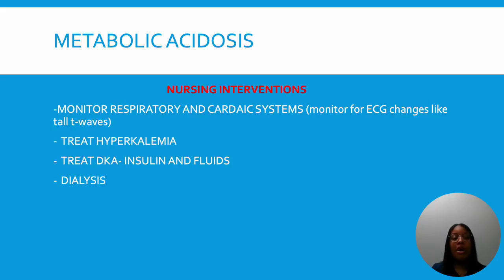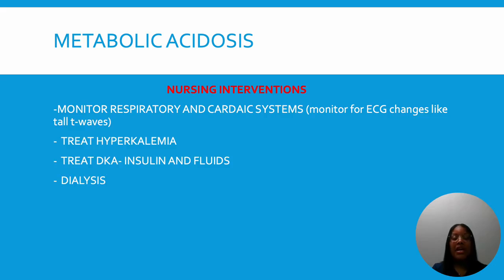We want to monitor our respiratory and our cardiac system. You will need to have this patient on a cardiac monitor, especially if they are presenting with symptoms of hyperkalemia, because you can see EKG changes such as tall T waves. We want to be monitoring their respiratory status as well, because remember, they're going to have that Kussmaul's breathing, that really rapid breathing. You want to treat the hyperkalemia.